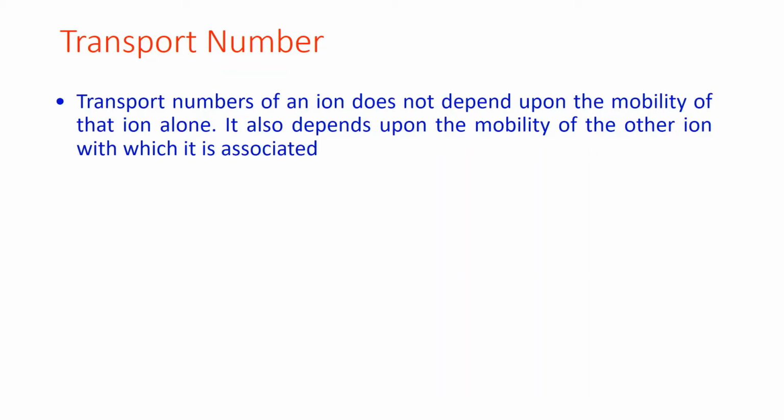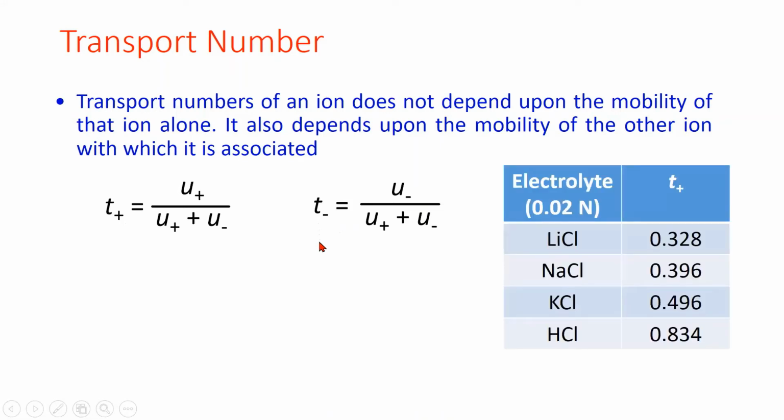The transport number of an ion does not depend upon the mobility of that ion alone. It also depends upon the mobility of the other ion with which it is associated. This is the relationship for the transport number of the cation, and this is the relationship for the transport number of the anion.